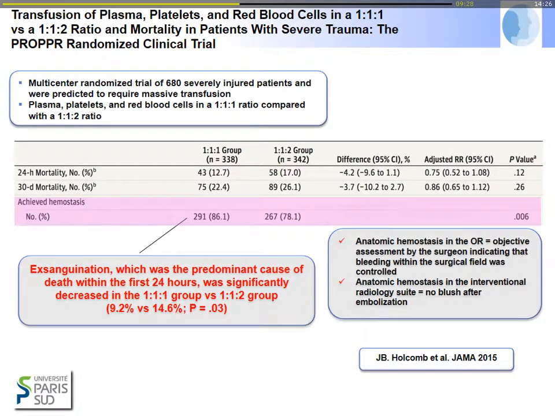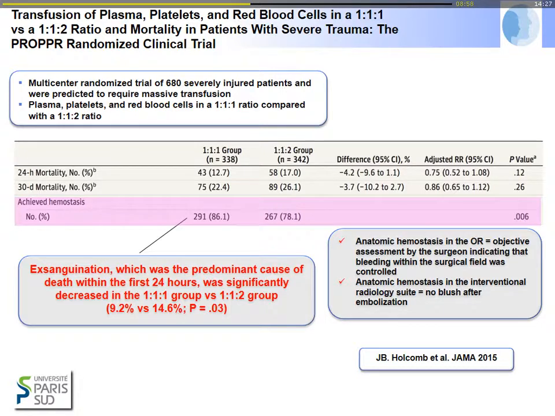But if you look at a secondary endpoint, which was the capability to stop the bleeding and to achieve hemostasis, in the 1-1-1 group it was more efficient. I think it's a plus for this group, but we have to keep in mind that it's a secondary endpoint.